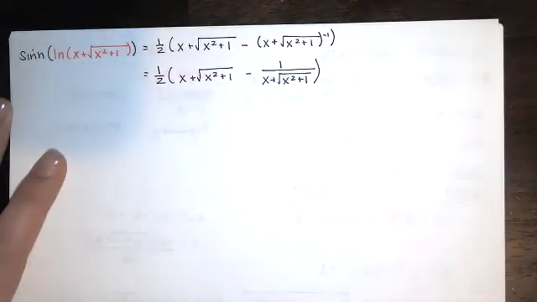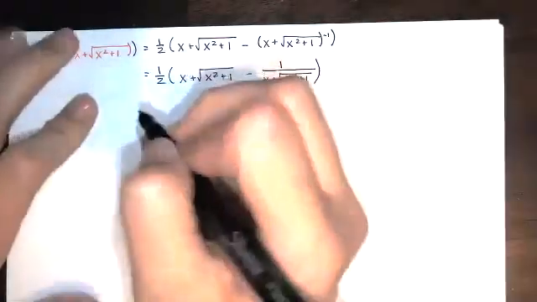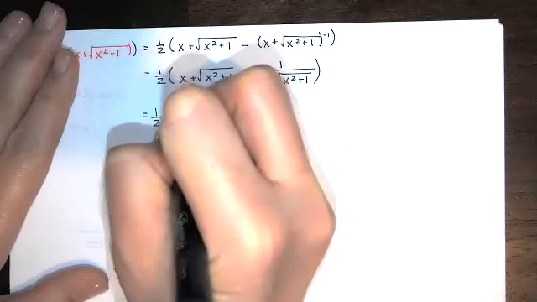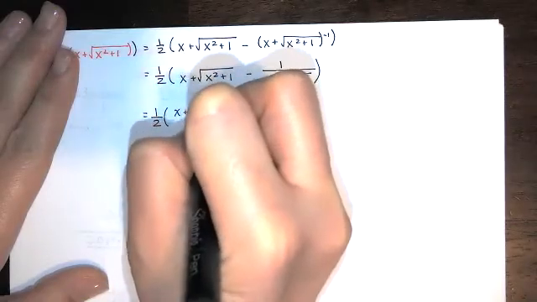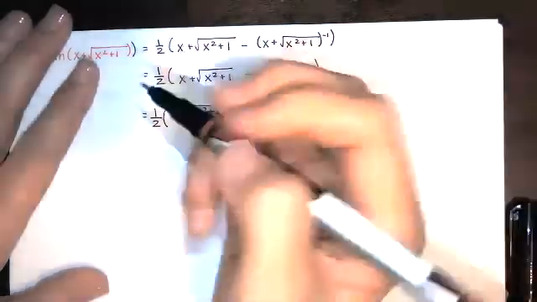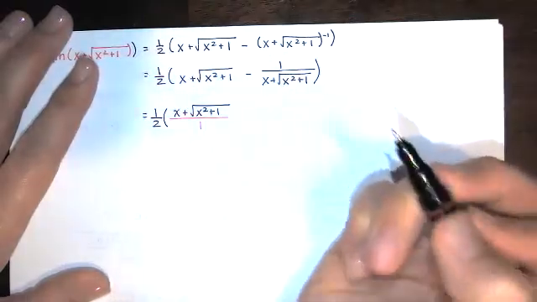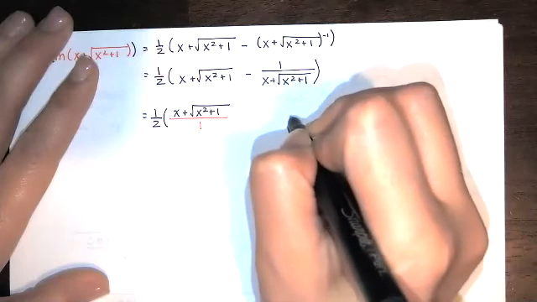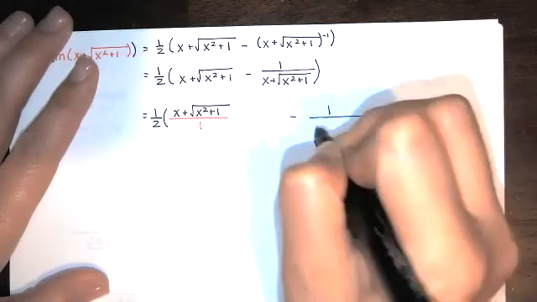But if we get a common denominator, hopefully it will look like an x. So let's see what happens when we get a common denominator. I'm going to think of this first function as itself over 1. And then I've got this over here.